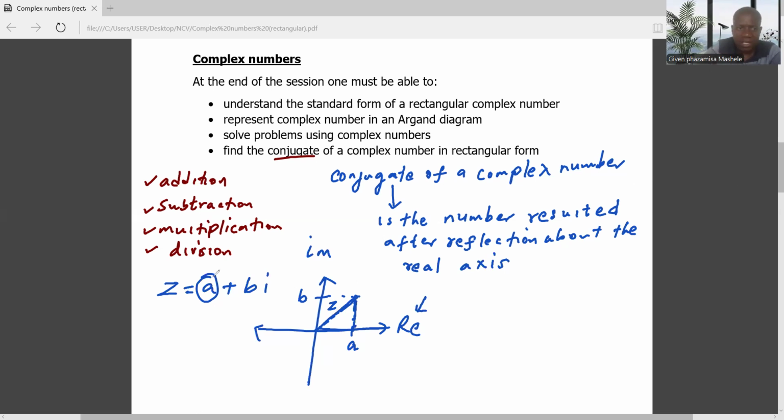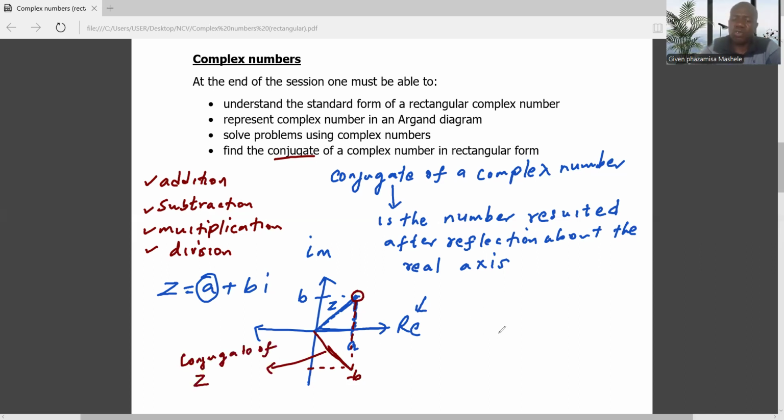So it means the new equation now, the a will not change. What is going to change actually will be the b. So if we are having a positive b, now it will become a negative b. So whatever we're going to get now, this will be the conjugate of z.